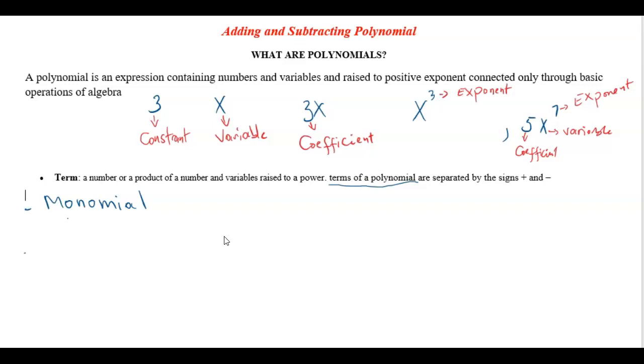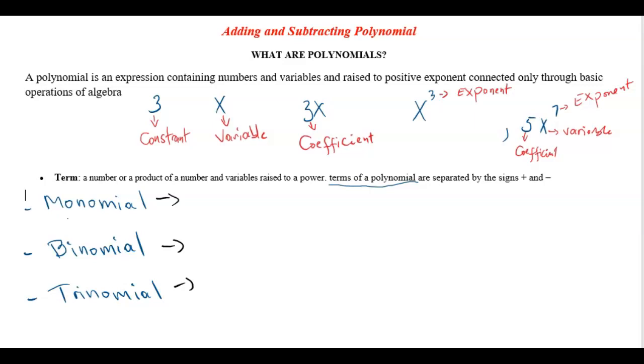Another one is what they call a binomial. And a third one is what they call a trinomial. Okay, so what is the difference between monomial, binomial, and trinomial?